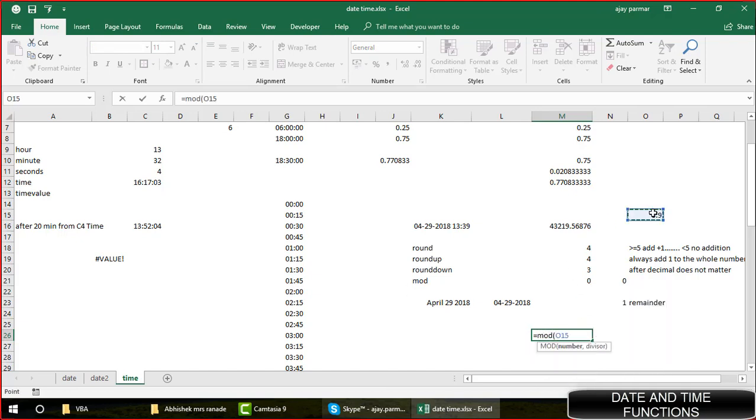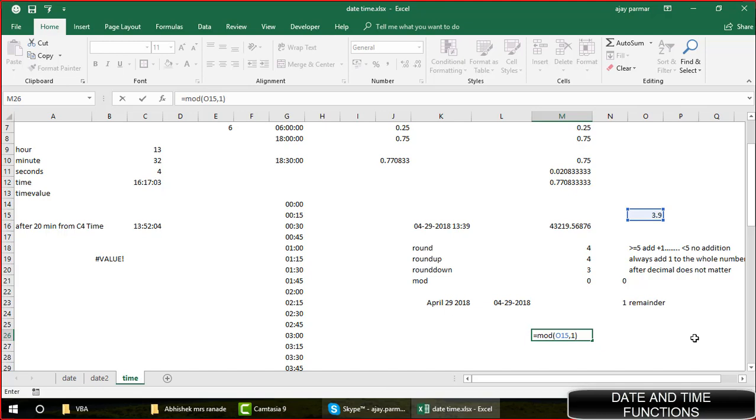If I divide 3.9 with 1, what will happen? If I press enter, what will be the value? No idea? 3.9 divided by 1, what is the remainder?